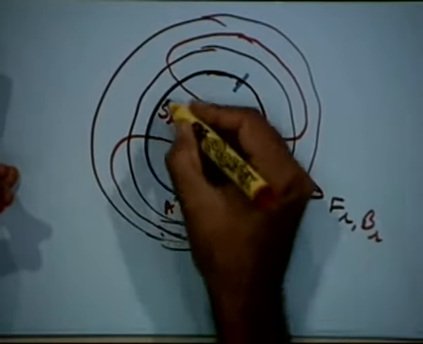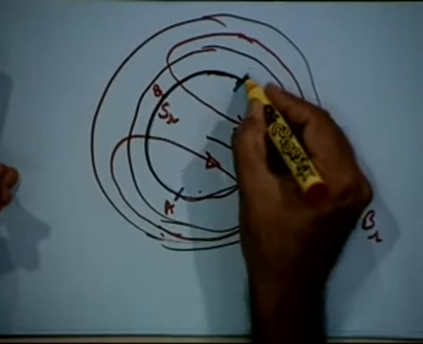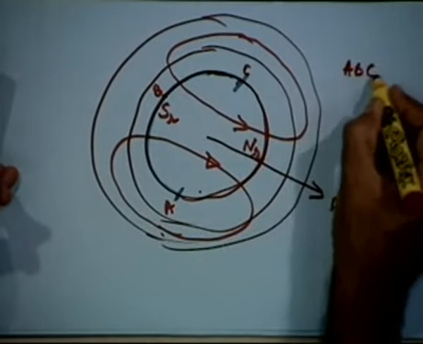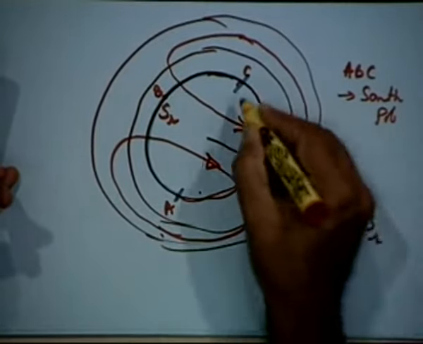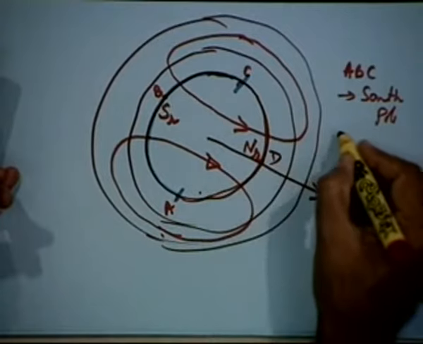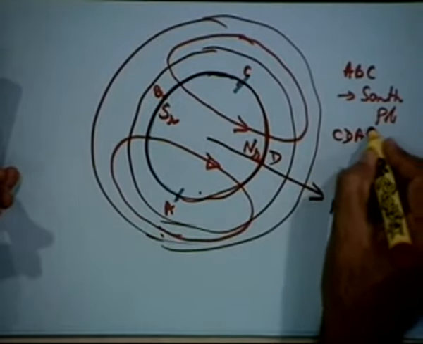So if I say ABC forms the south pole, and let us say this is D, CDA forms the north pole.